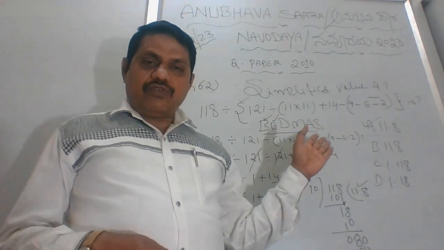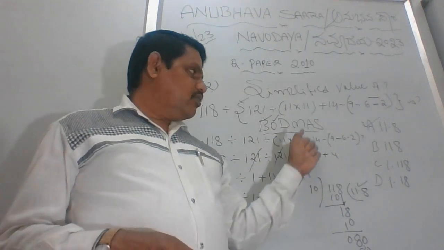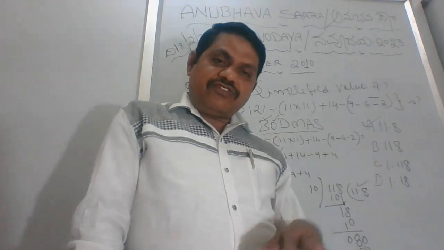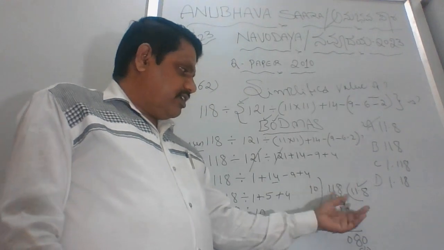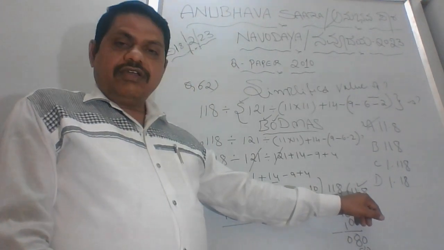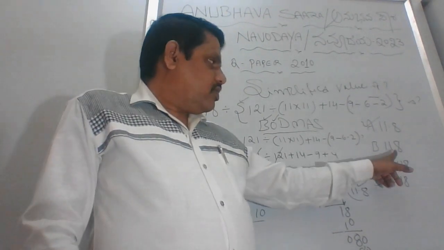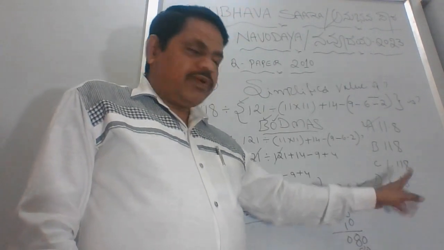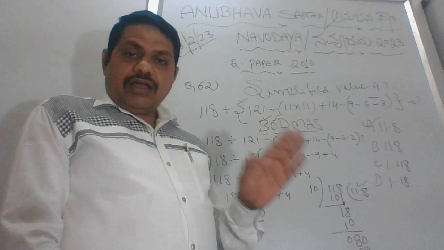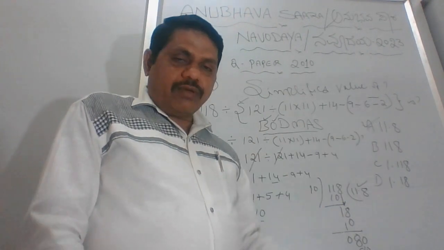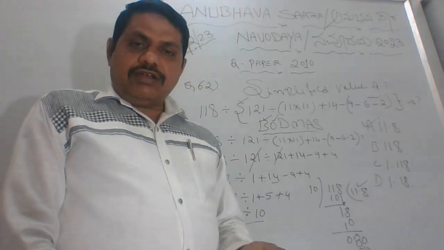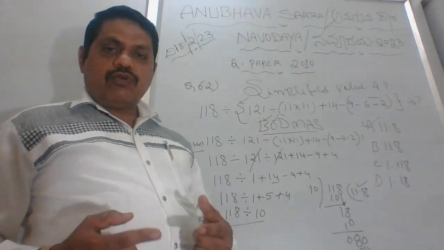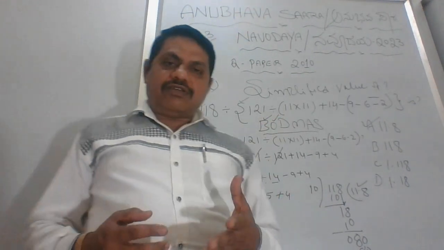If you know this thoroughly, then you can find out what exactly the mistake was. If you find your answer is not 11.8, not 118, not 1.118 or 1.18, and you did not get even one of these four options, that means you have to worry about what exactly you have done wrong.